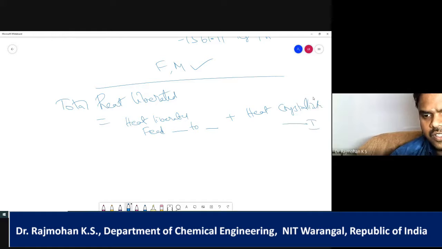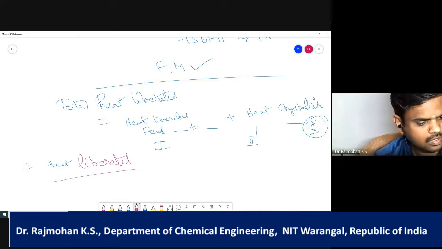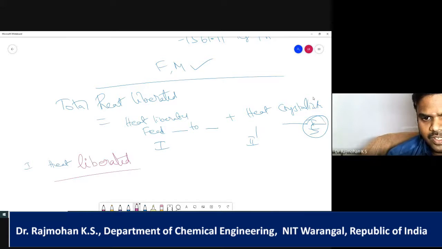So this is the equation. Let this be first and that be second. The first part you can calculate: heat liberated to cool the feed from this temperature to this temperature.